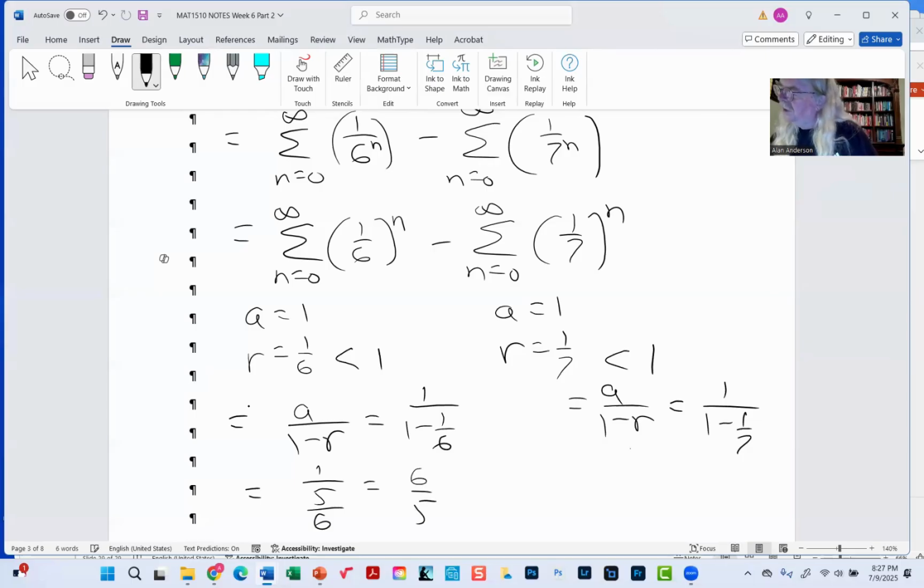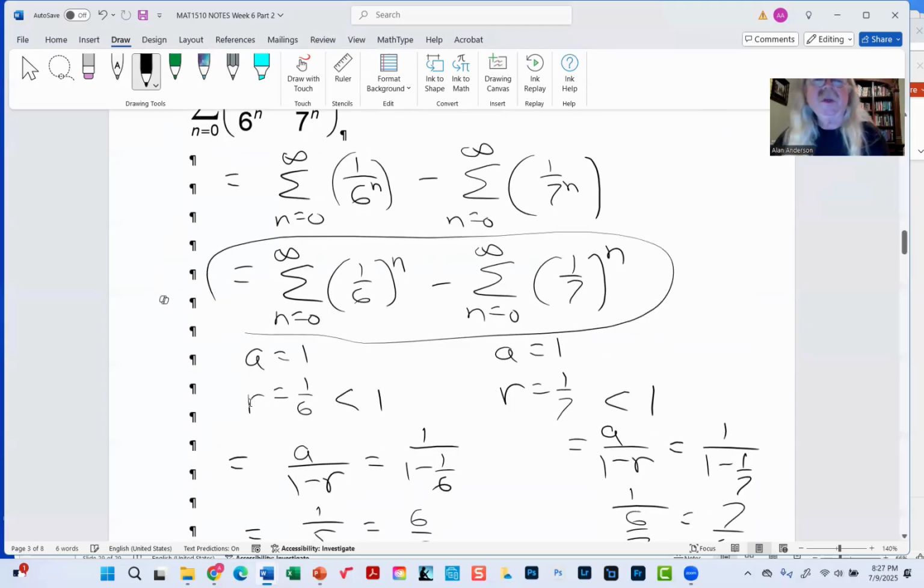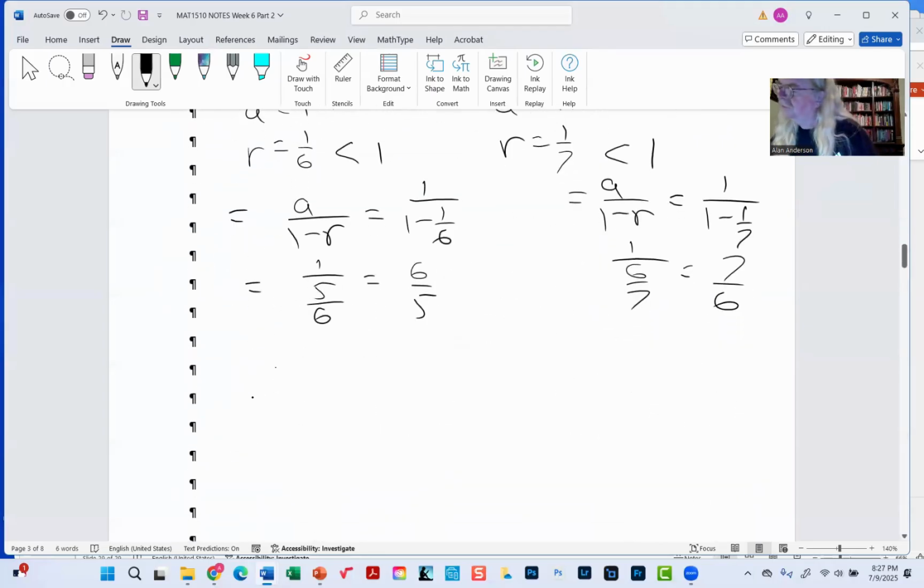Over here we have 1 over 6/7, which is 7/6. So remember, we're subtracting. So we end up ultimately with 6/5 minus 7/6. And of course, we need a common denominator. Let's choose 30.